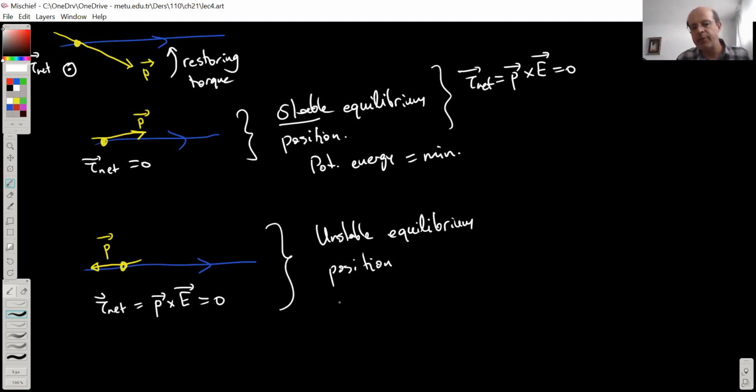And unstable equilibrium positions are the places where the potential energy is still an extremum, but this time it is a maximum. We haven't said anything about the potential energy yet. We are going to say it. But from the energy perspective, you can understand these equilibrium positions like that. One is a minimum potential energy orientation. The other one is maximum.